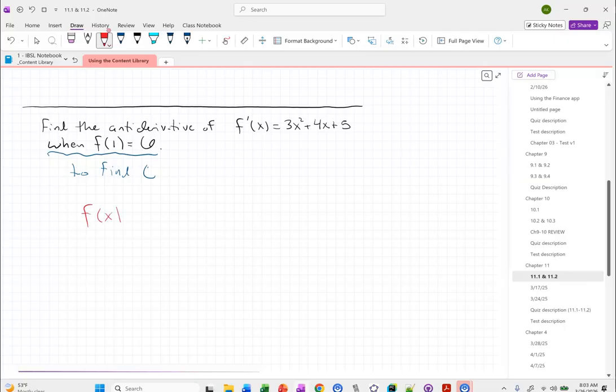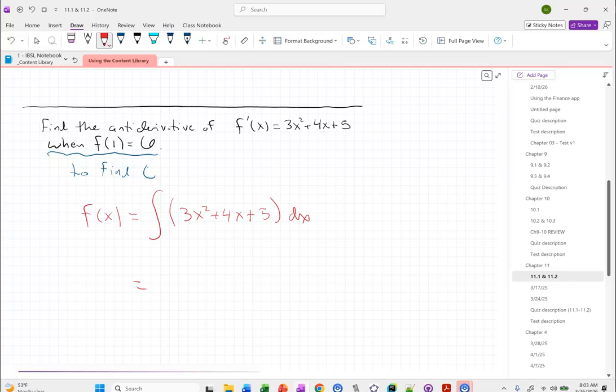So f of x should be the integral of 3x squared plus 4x plus 5. So that is written in a form where we're ready to do the antiderivative to it.